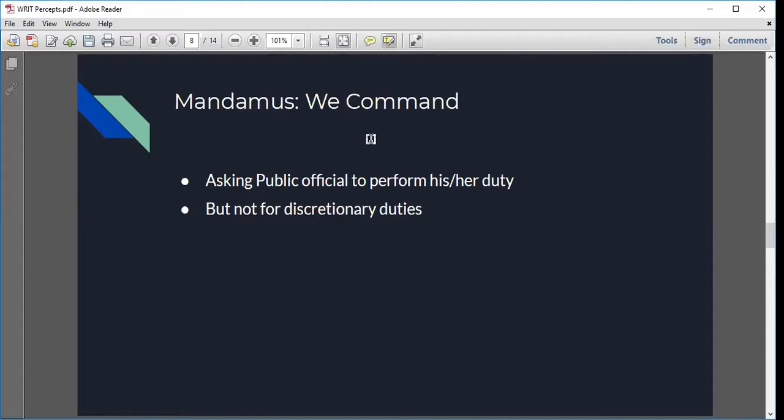So a public official will perform their duties, but only if the duty is general or well defined can it be questioned. In other cases it cannot be questioned. Similarly, one can easily infer from this discussion that mandamus cannot be issued against a private individual. It cannot be issued against you and against me, right?